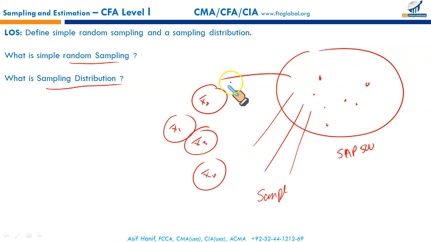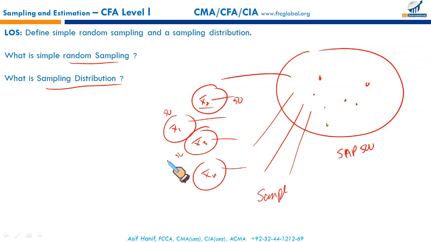When you construct a distribution of all these sample means, this is called sampling distribution. All the possible outcomes of sample means, which you call the sample statistic, of equal size. Let's say our sample size is 50. Each sample has 50 elements in it.